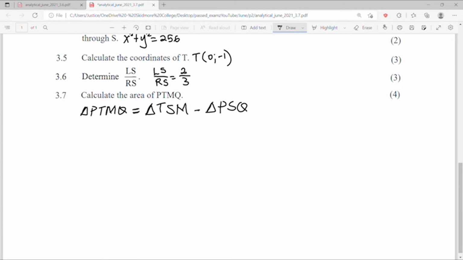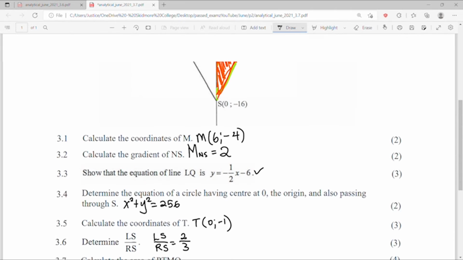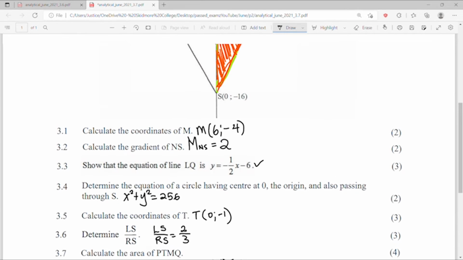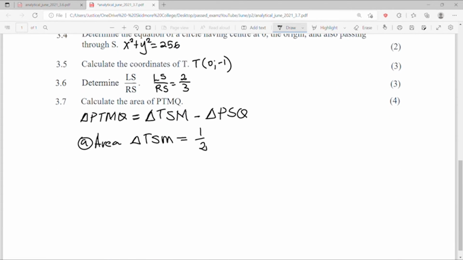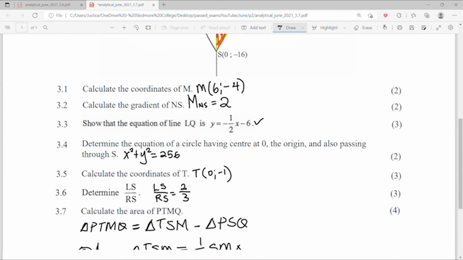You can do it in two ways. You can say, okay, let me calculate the area of TSM equals half base times height. The base is SM times MT.